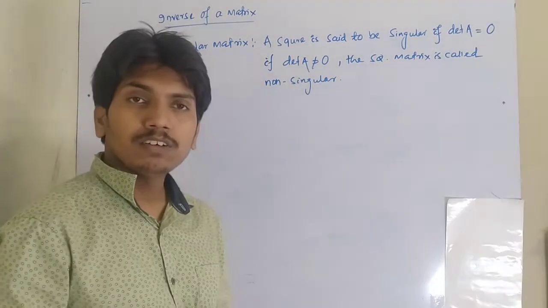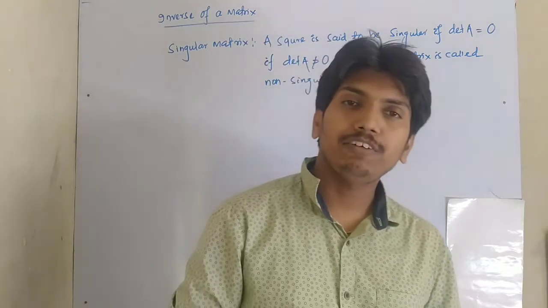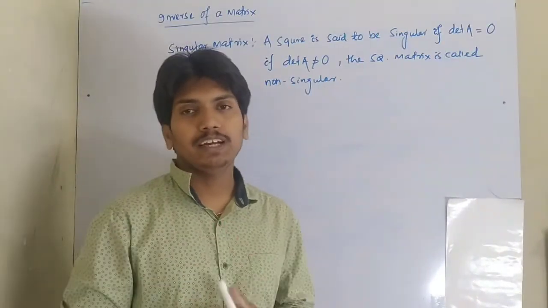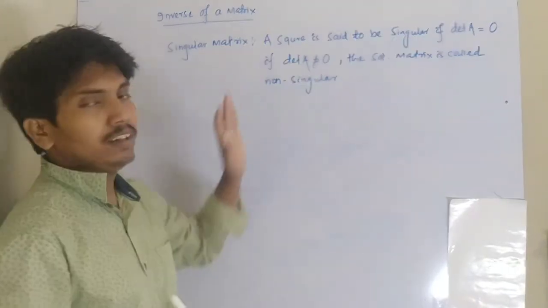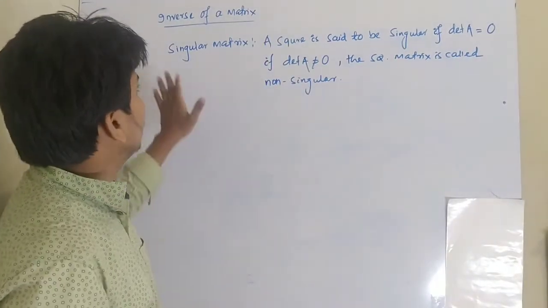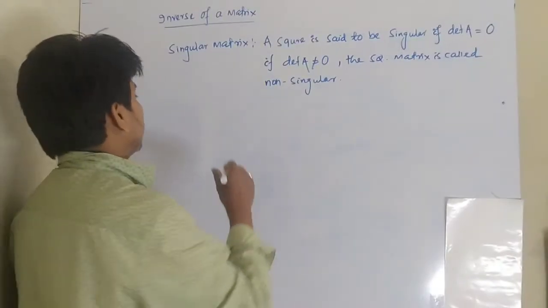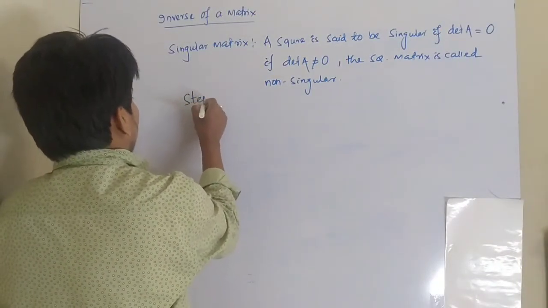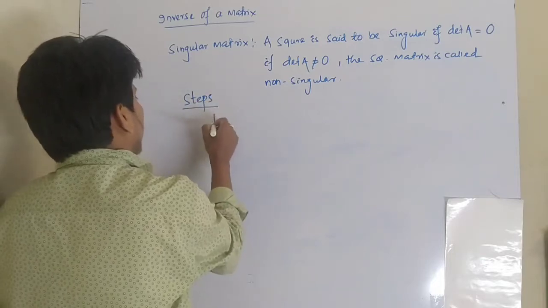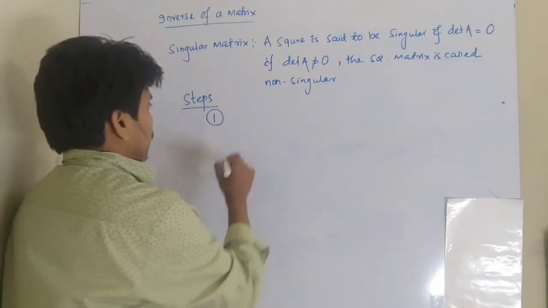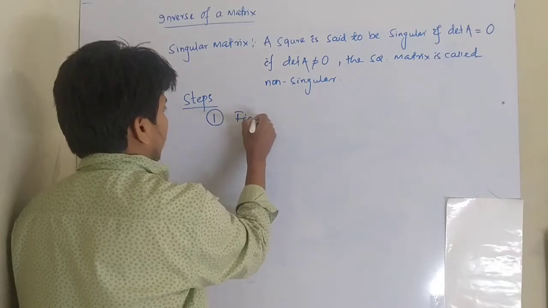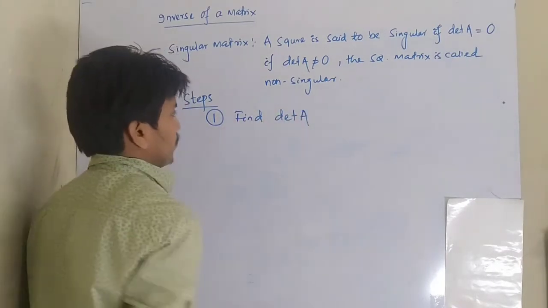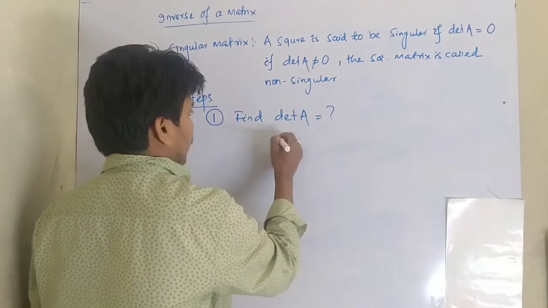How can you find out the determinant value? By expanding the determinant, you can find out the determinant value. So now, what are the steps to find out the inverse? First, find the determinant A value.